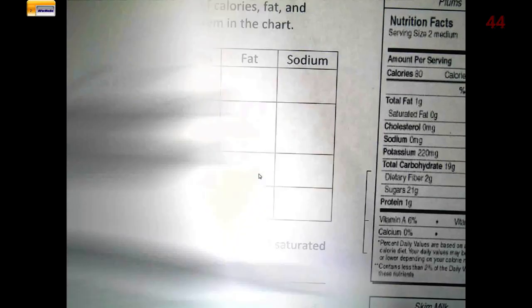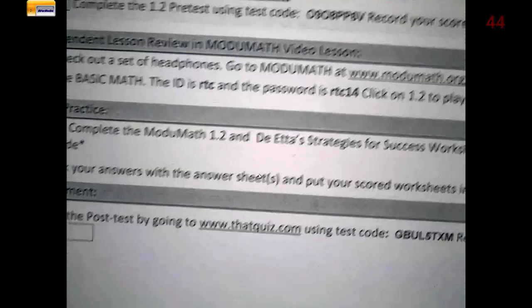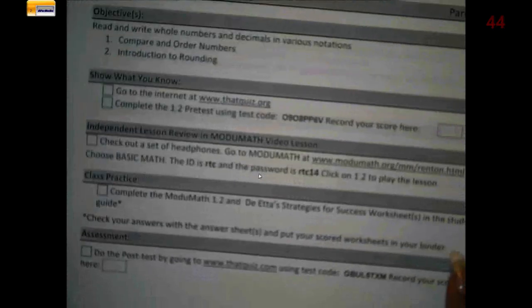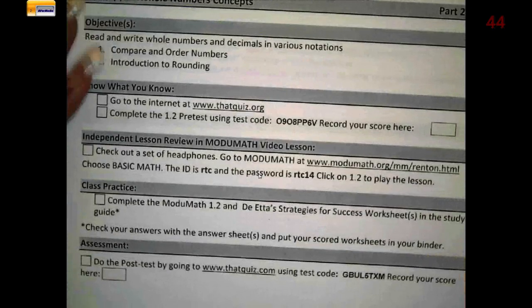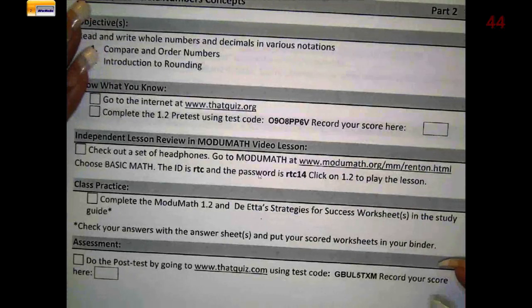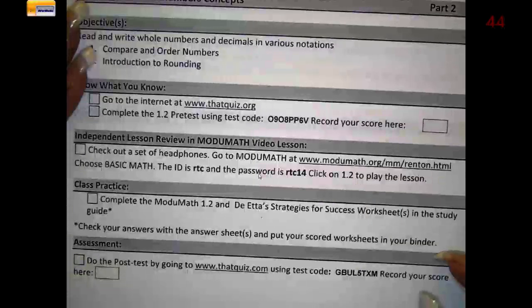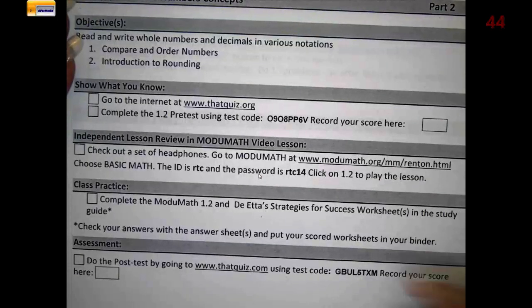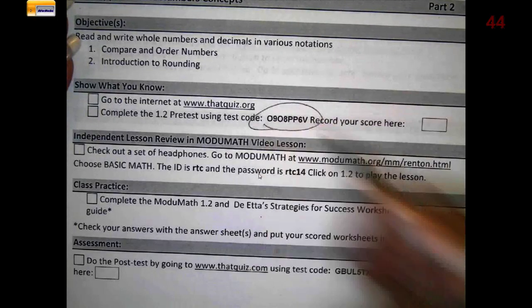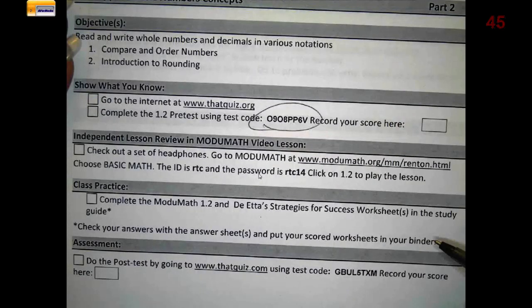Finish the packet, and then what are you supposed to do? You tell me what you're supposed to do when you're done with the packet. Get on the computer. Get on the computer and do what? Quiz. What quiz? 1.23 test? No. Show what you know. 0908PP under thatquiz.org online.